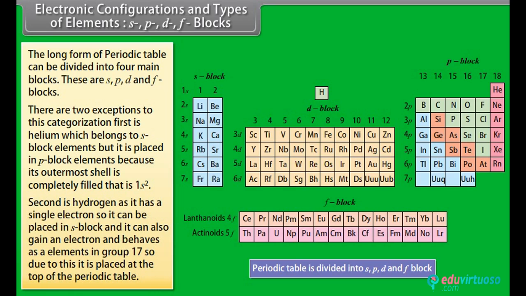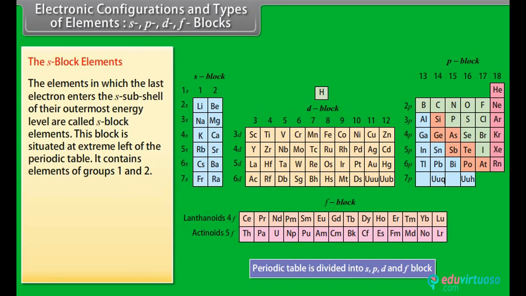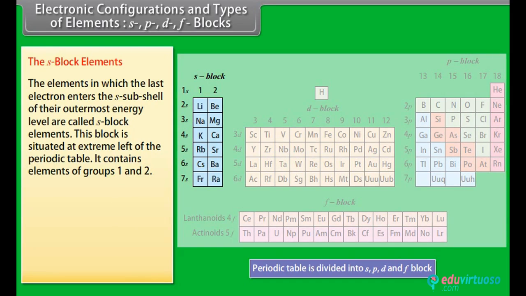Second is hydrogen. As it has a single electron, it can be placed in the s block, and it can also gain an electron and behave like the elements in group 17. So, due to this, it is placed at the top of the periodic table. The s block elements. The elements in which the last electron enters the s subshell of their outermost energy level are called s block elements.